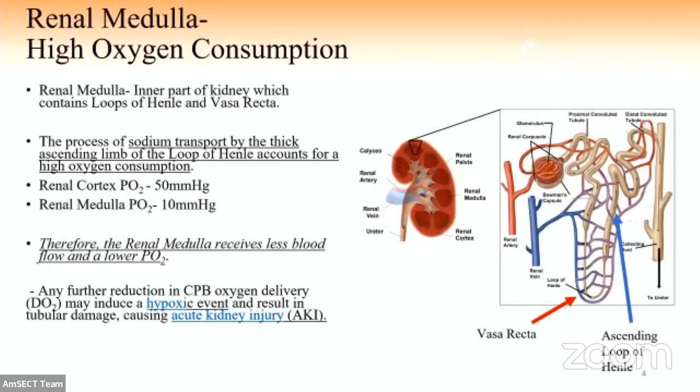So the renal cortex has a PO2 of about 50. The renal medulla has a PO2 around 10. And therefore, the renal medulla receives less blood and a lower PO2. So the renal medulla is really living on the edge here, and we could really tip this over very quickly.